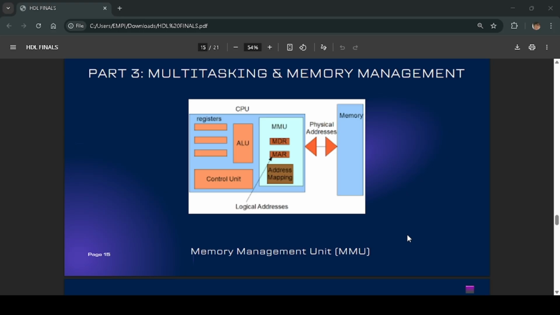The MMU breaks memory into fixed-size pages. Active pages reside in the fast RAM. Inactive pages can be swapped out to disk. When a program accesses a swapped-out page, a page fault occurs. The OS then fetches it from disk and execution resumes.